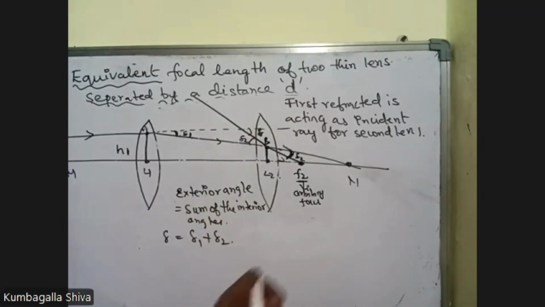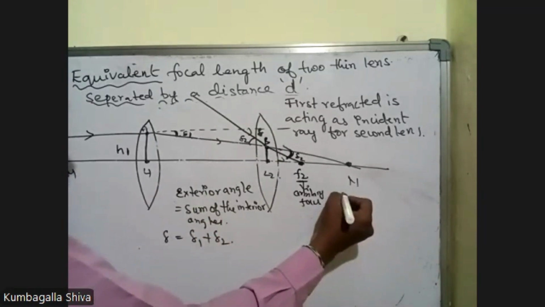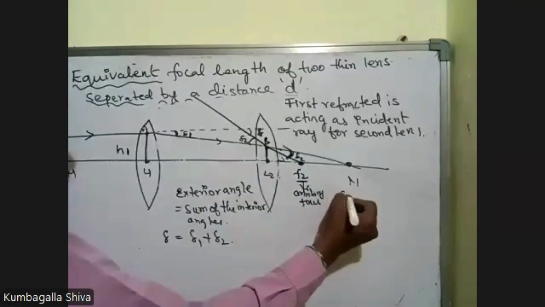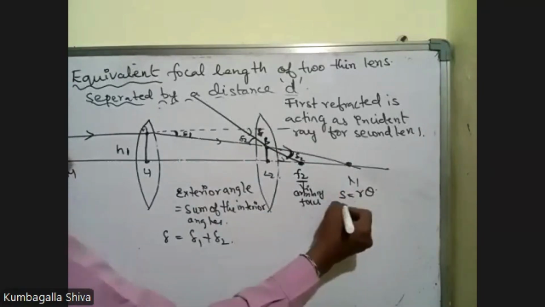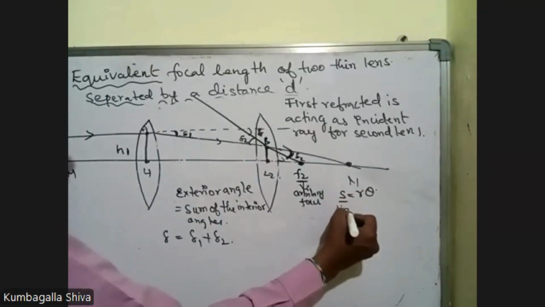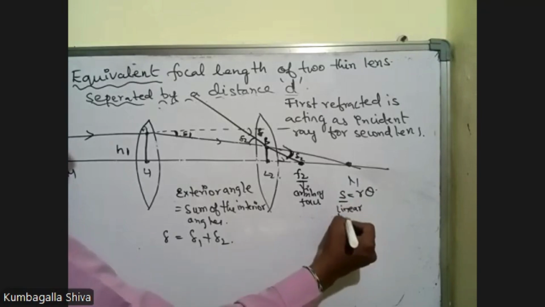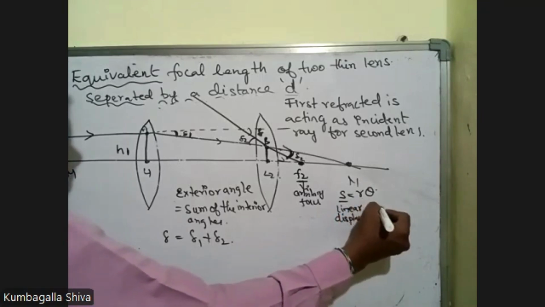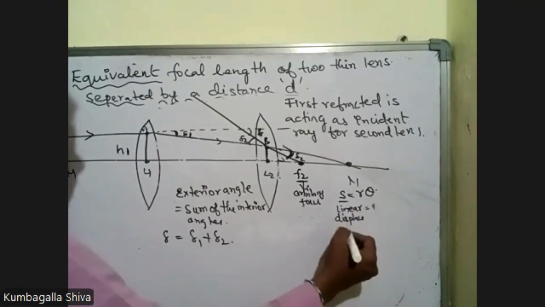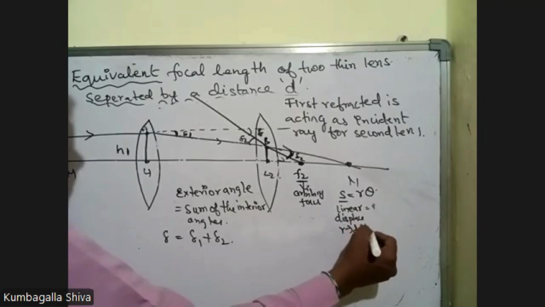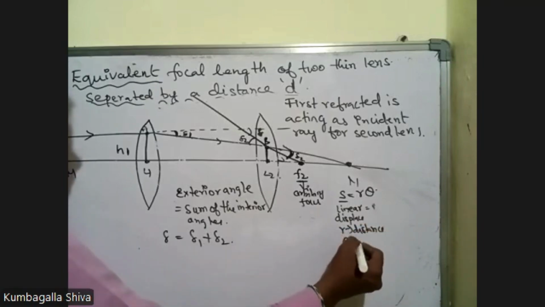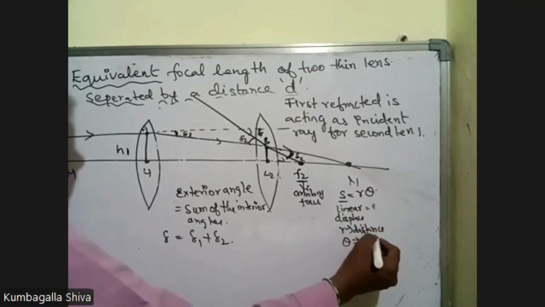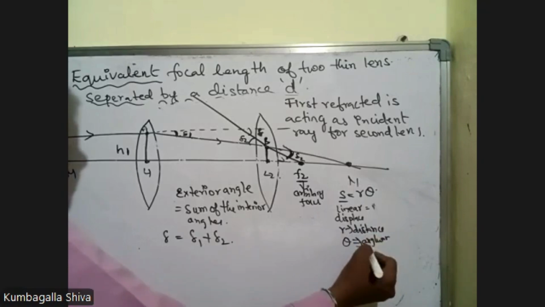So according to the formula, S is equal to R theta, where S is the linear displacement, R is the distance, and theta is the angular displacement.